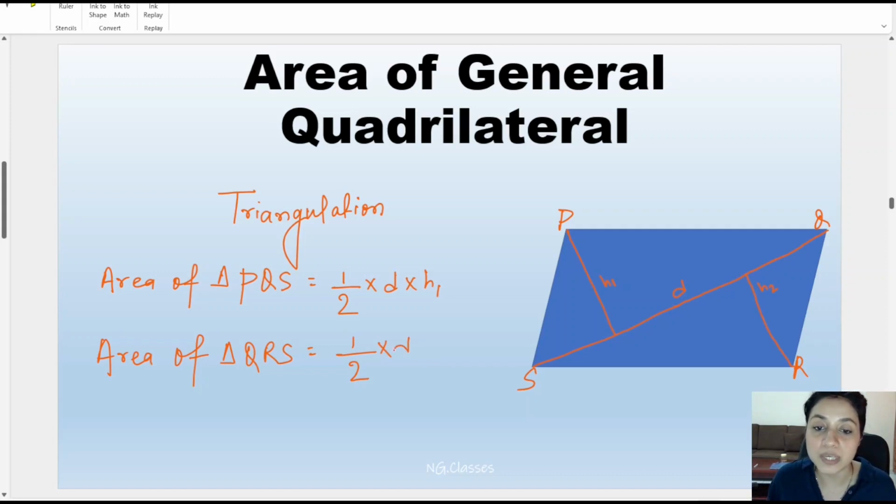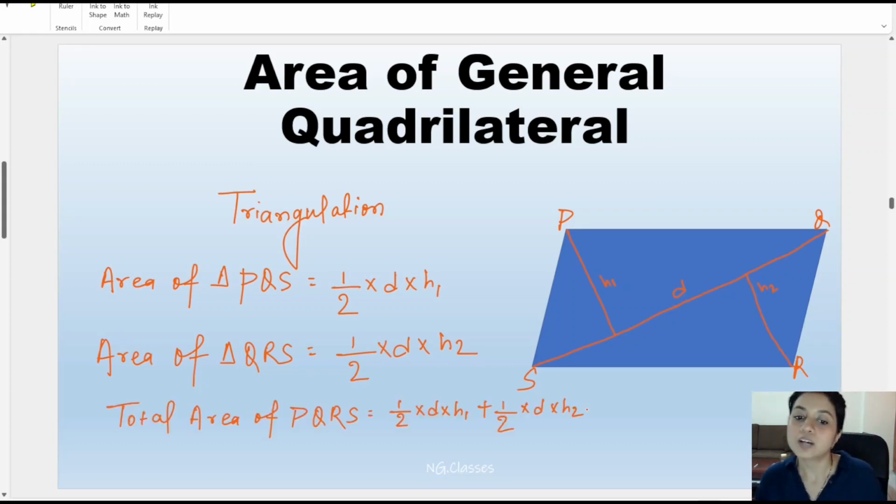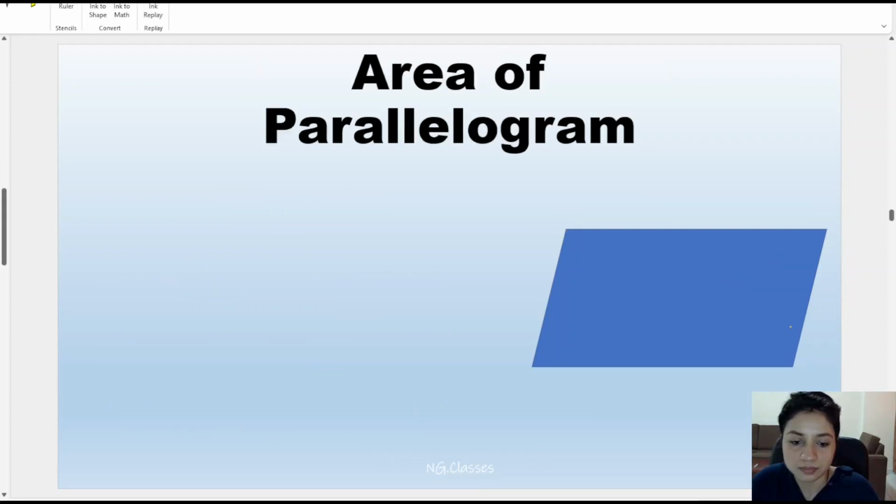So here also the base is D only, times H2. Now let's add both the areas so that we will get the total area. Here we can take out common half and D. So let's take it. And that's it. We have got the area of the quadrilateral PQRS.